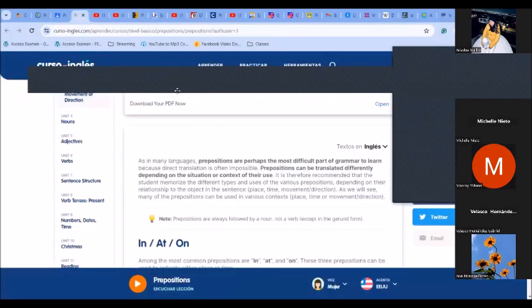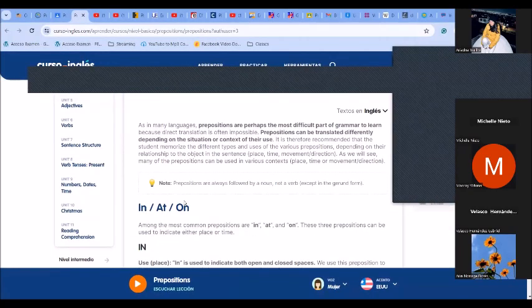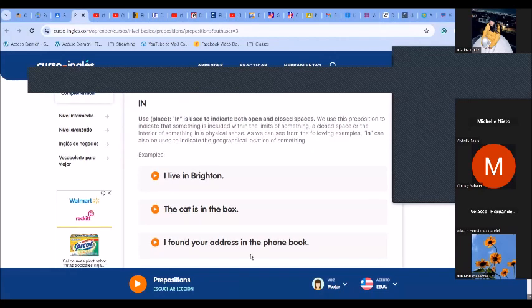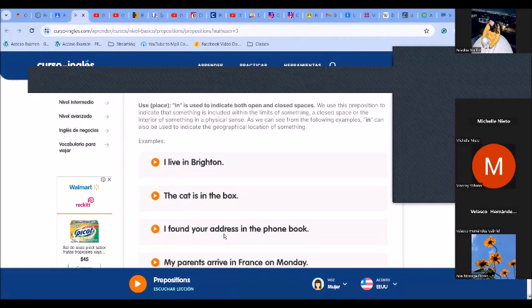So let's start with in, on, and at. Addie, when do we use in as a preposition? All right, let's start with place. In is used to indicate both open and closed space. You use this preposition to indicate that something is included within the limits of something, a closed space or the interior of something in a physical sense.